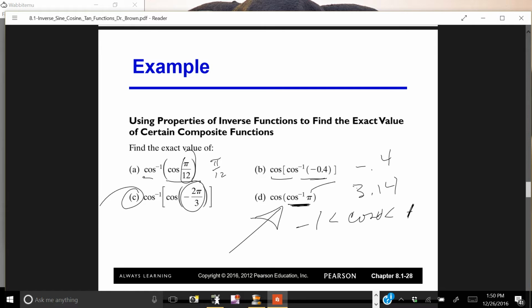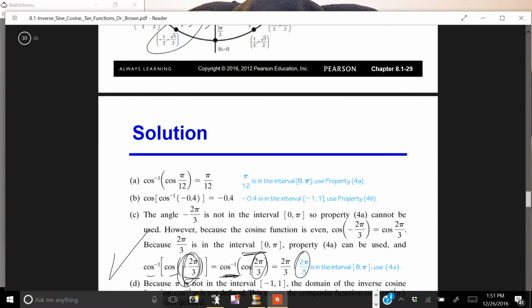So inverse cosine of pi is undefined. So our conclusion is that cosine of inverse cosine of pi is also undefined.